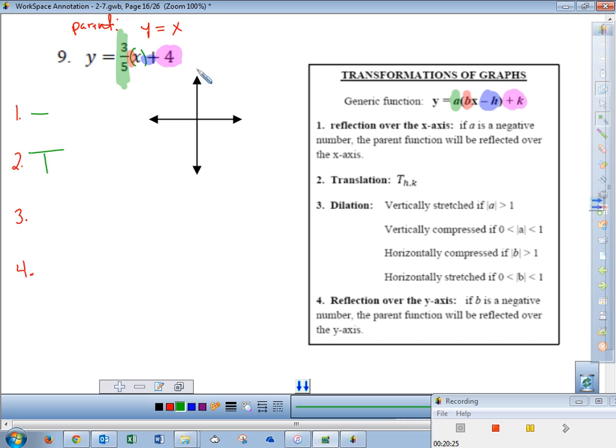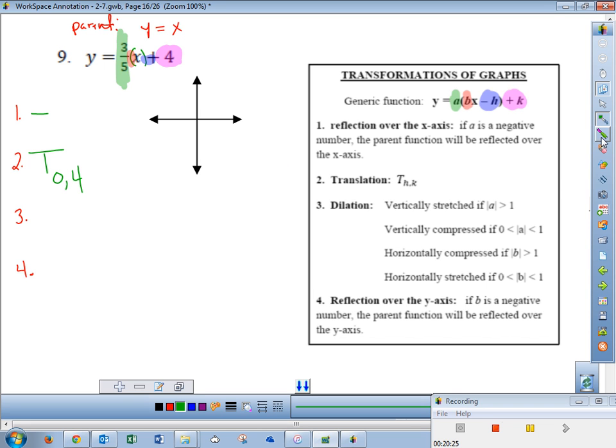Because a lot of people ask that about that 4. It's like, how do you know if that +4 is inside the grouping symbol or not? Did they put it inside the grouping symbol? No. So it's not inside the grouping symbol. So where did it get translated? Left or right? 0. How about up or down? Did it move up or down? 4 units up. Cool? You good with that?